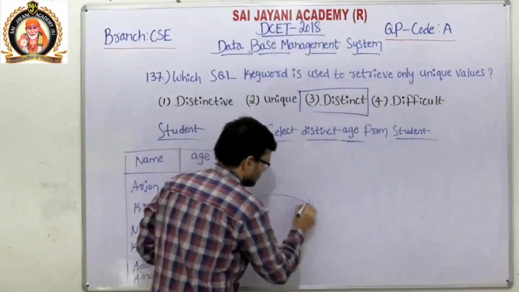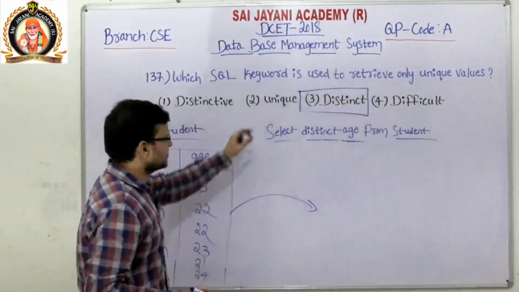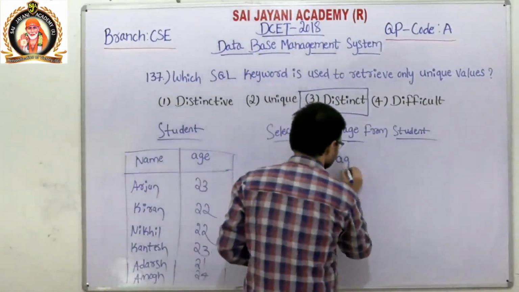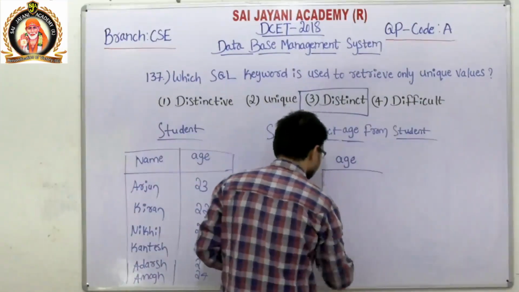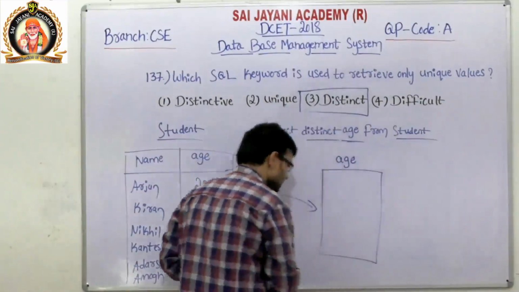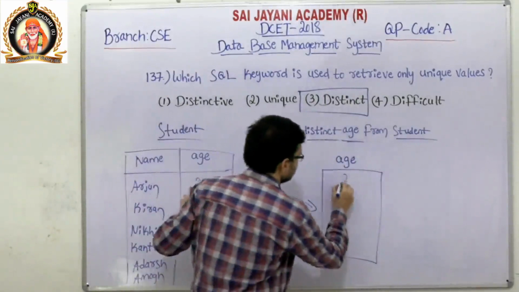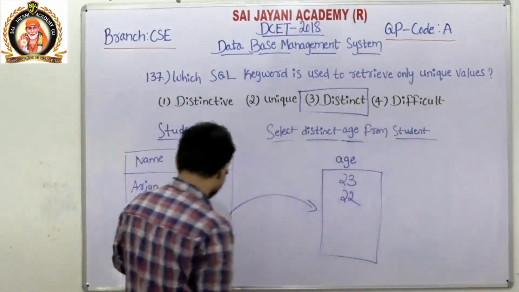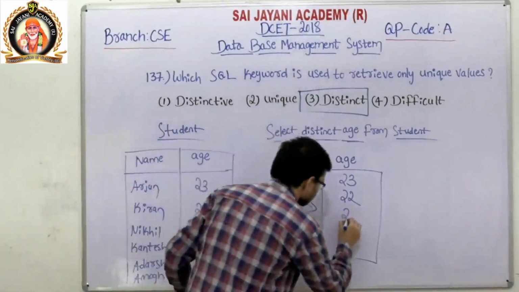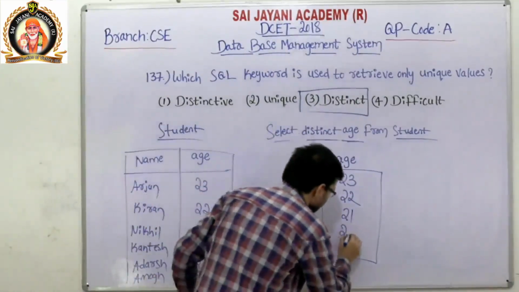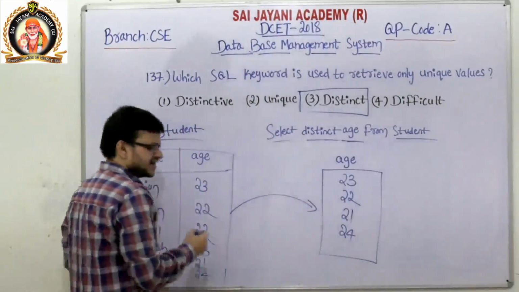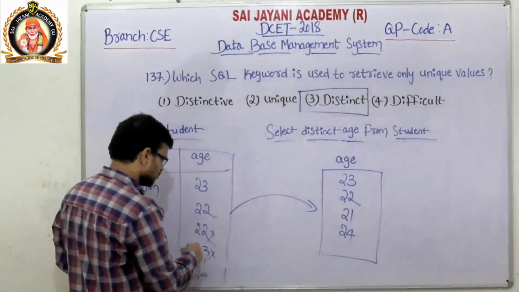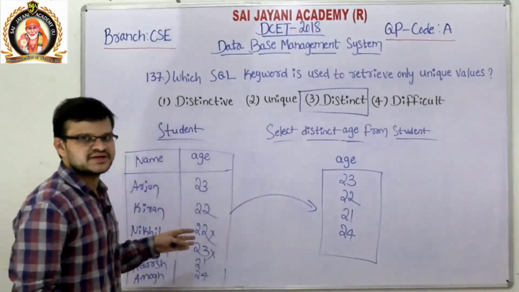When we run this query, the result table becomes age, and in that age we only got 23, 22, 21, and 24. Here the repetitive values of 23 and 22 are eliminated.